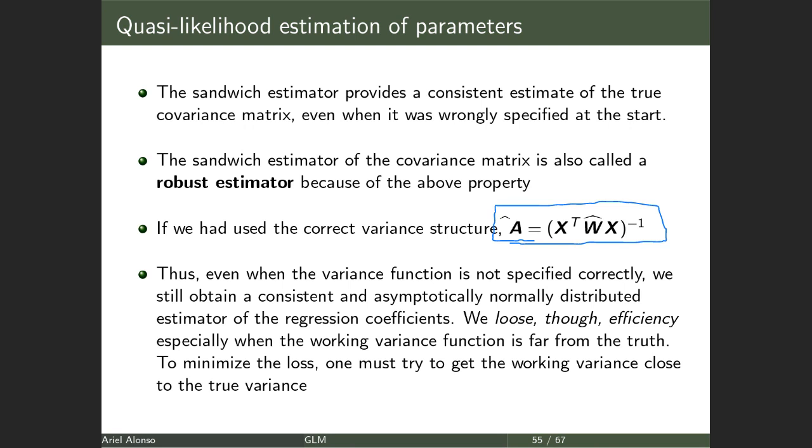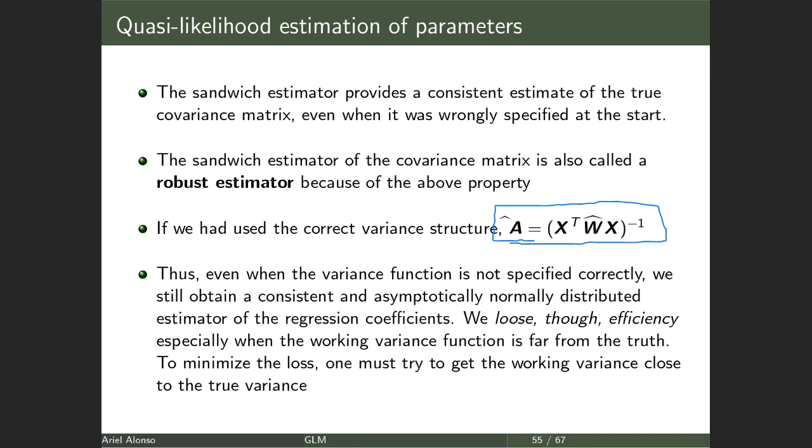However, you may lose some efficiency. If you specify a working variance that is very far from the true one, then typically you're going to lose efficiency. What it means is the standard errors you're going to get for your betas are going to be too large. So it's worth making some effort to get this working variance as close to the true one as possible.